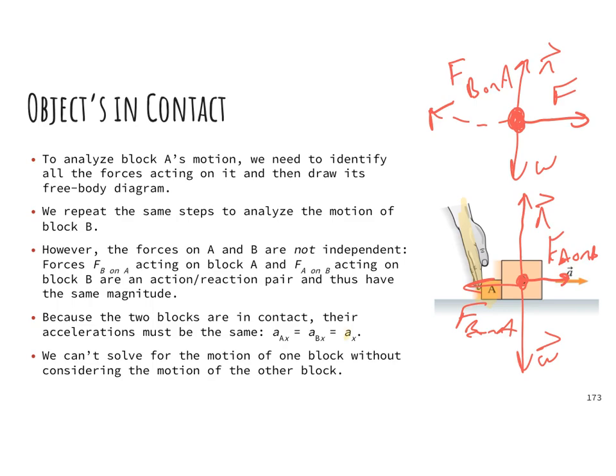That makes sense, because these two objects are connected. As I push one, the other must also be moving. The point is that we can't solve for the motion of one block without considering the other. If block A was the only block there, it would accelerate at some rate, but since block B is also there, it causes forces to act on A, and we have to take that into account.